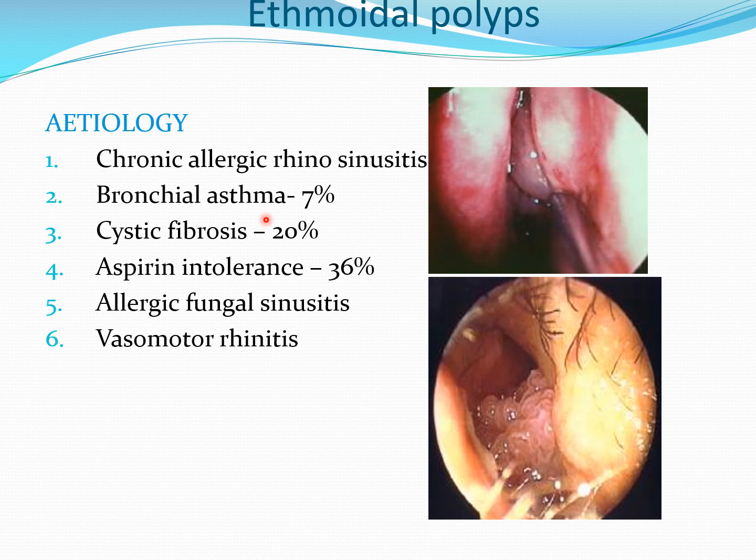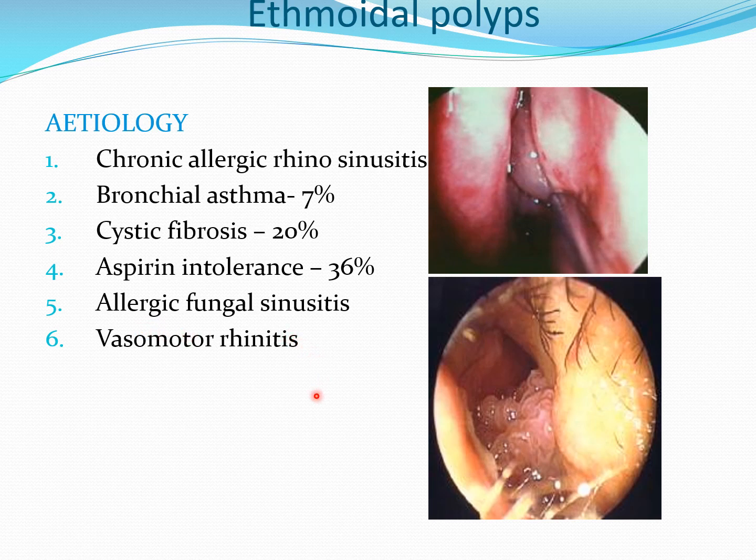Sometimes ethmoidal polyps are also seen in a certain congenital condition, that is cystic fibrosis. We will discuss this later on. And sometimes there is allergy due to aspirin intolerance. The patient will be allergic to aspirin, and the patient will present with ethmoidal polyps due to this allergy.